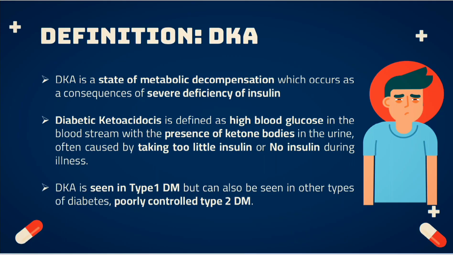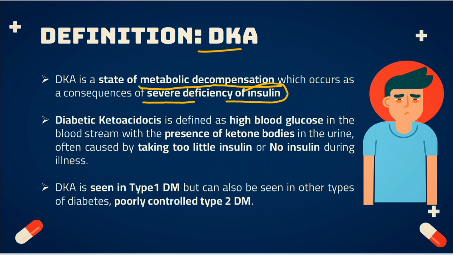Let's see the definition of DKA. So we have already studied that DKA is a state of metabolic decompensation. It is a kind of metabolic complication, and this DKA is a consequence of severe deficiency of insulin.